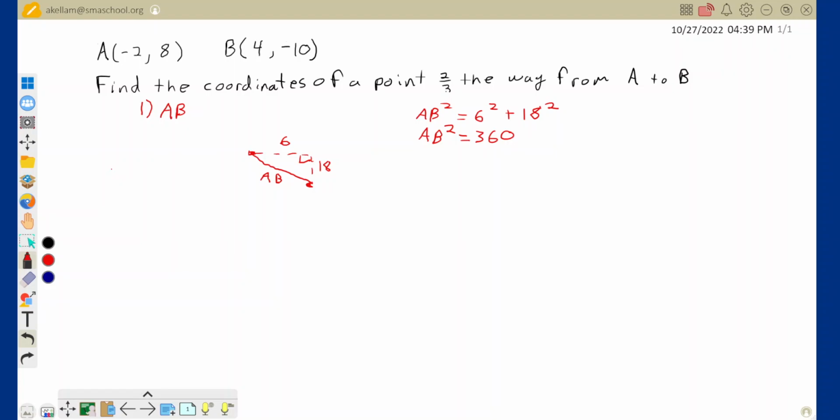It doesn't quite have a square root, but it is nice. However, we're just going to leave it as AB squared here for a minute.